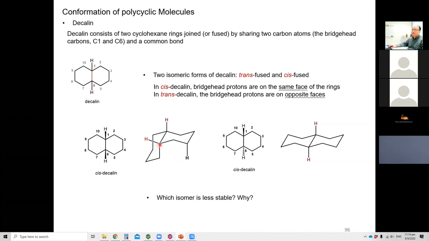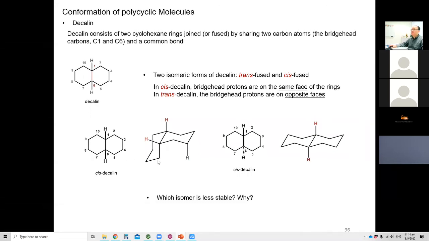Apparently, this carbon can have interaction with this 3 position, also an axial CH bond. But in this one, all these substituents are in the equatorial position, like this carbon bond, this CC bond, CC bond, CC bond. So all the groups on the axial positions are protons. So there is no 1,3 diaxial interaction. So the cis decalin is the less stable.